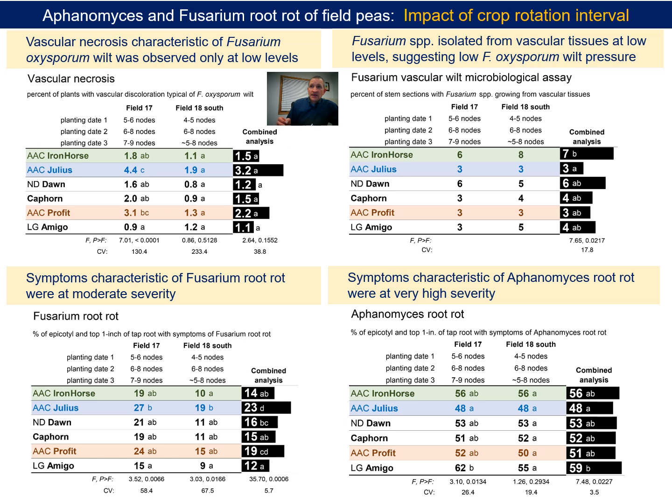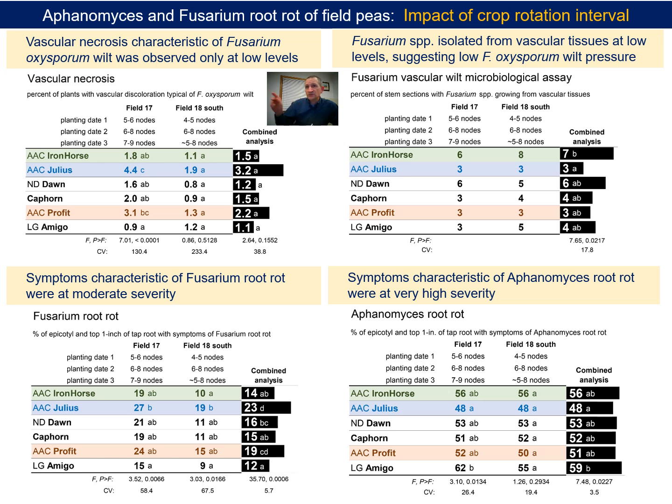If you have the Fusarium oxysporum vascular wilt, you'll see that vascular necrosis in the epicotyl, particularly the upper epicotyl. So we looked at the upper epicotyl and assessed the percent of plants that exhibited that brick red, that reddish brown discoloration of the vascular tissues.